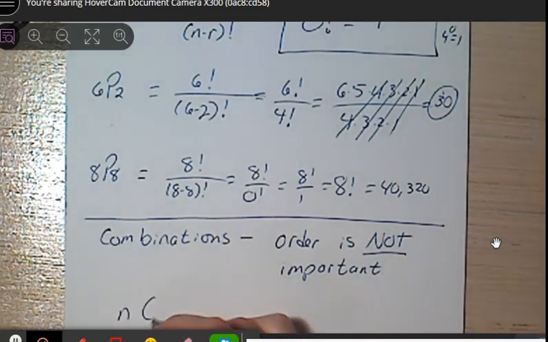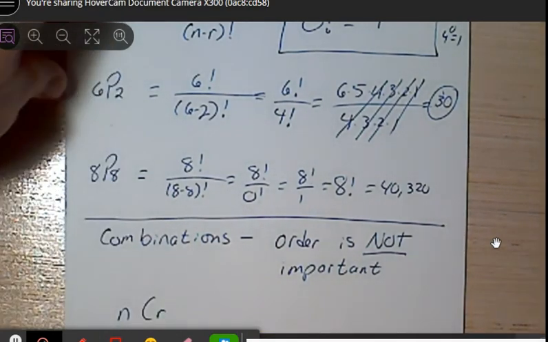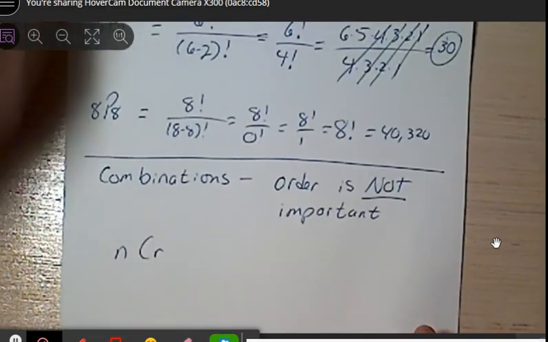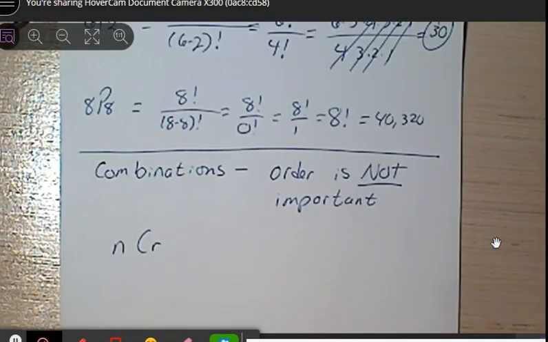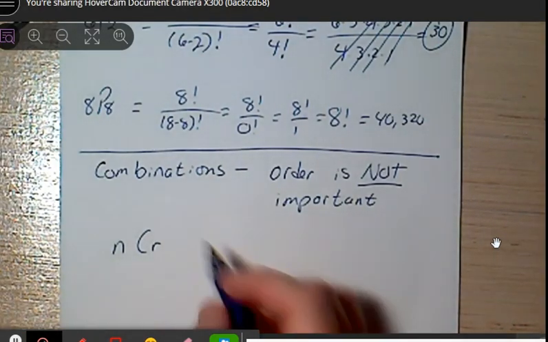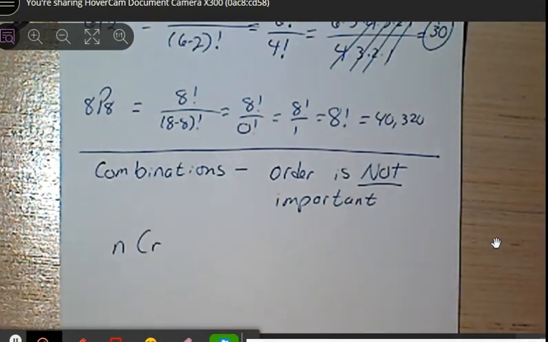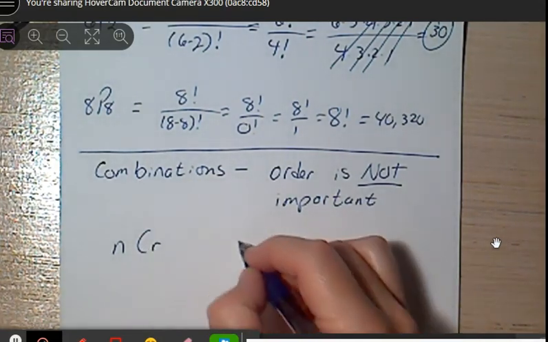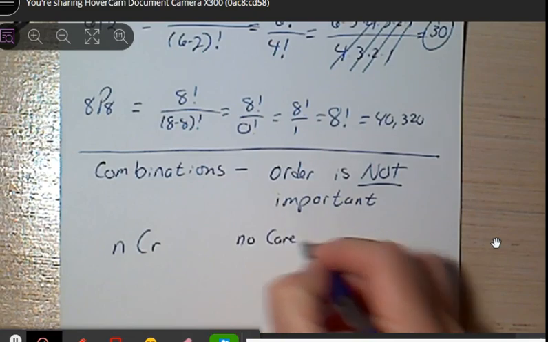And for that one, it's nCr when they talk about the formula. Now again, it's a little bit easier because of the way we are this summer, that it's an online test, and you've got your notes in front of you that you can use. But if you had to memorize this one, the easy way I kind of remembered these was that if it's nCr, you care about the order.